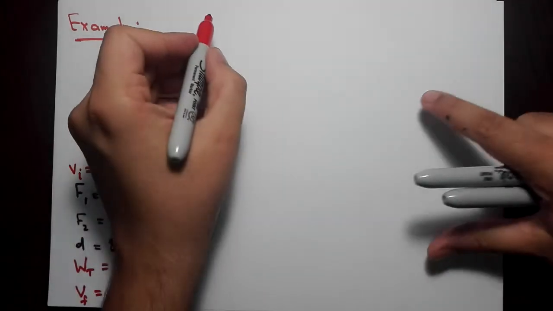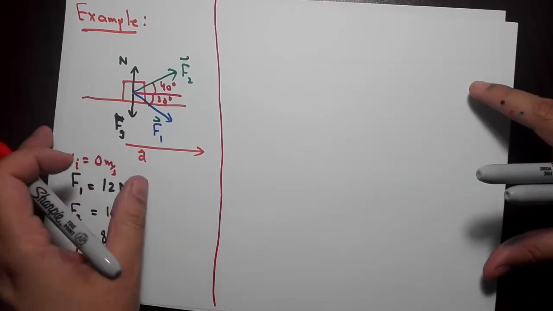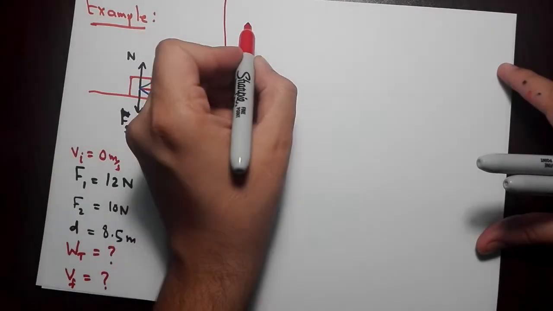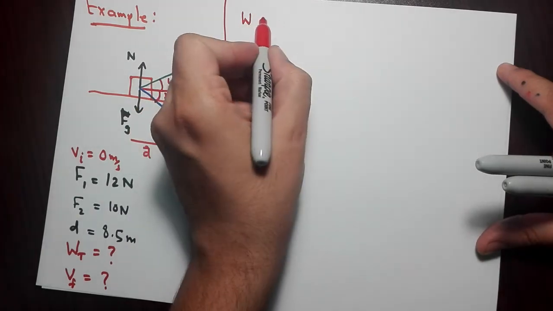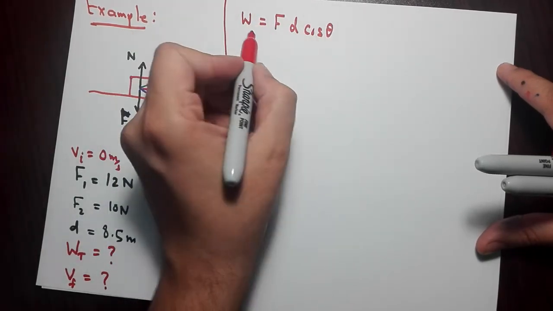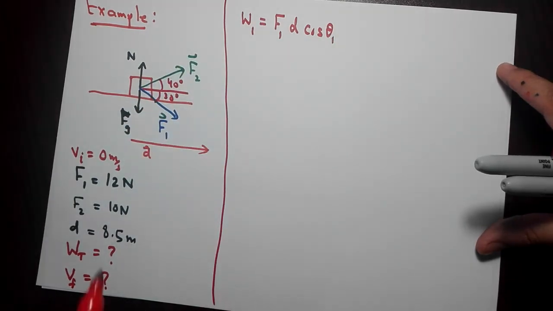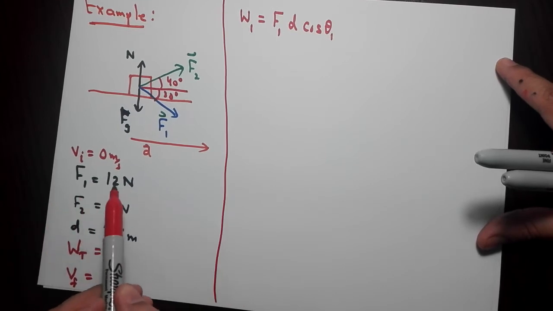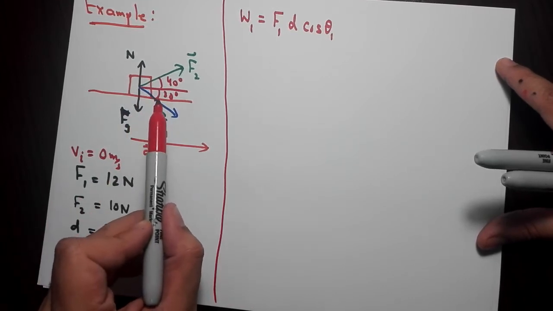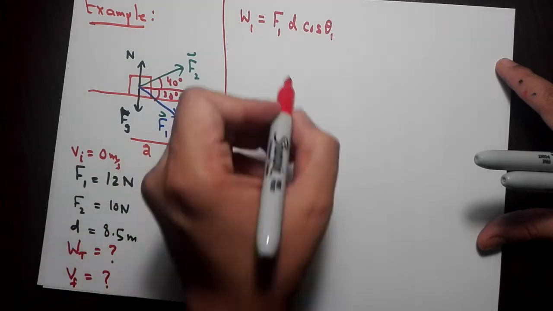Okay, so how do we find the work done? As we discussed in the previous video, in this case, since we know the angle and we know the magnitude of the forces, we can just use work equals F d cosine theta. So let's look at the work done by the force F1. The magnitude of F1 is 12 newtons, theta 1 is 30 degrees, and the displacement is 8.5.